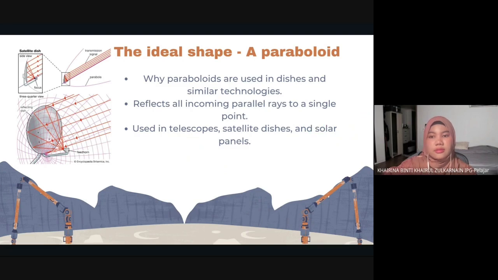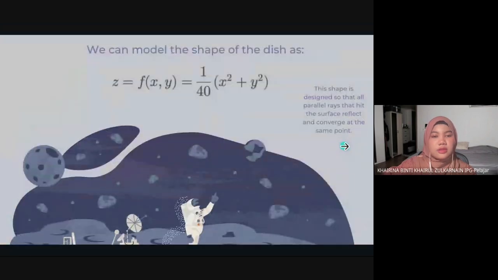So we can model the shape of the dish as z equals the function f(x,y) = 1/40 (x² + y²).